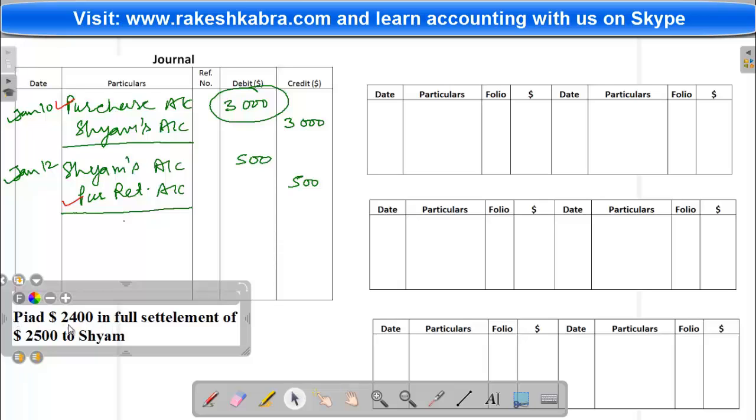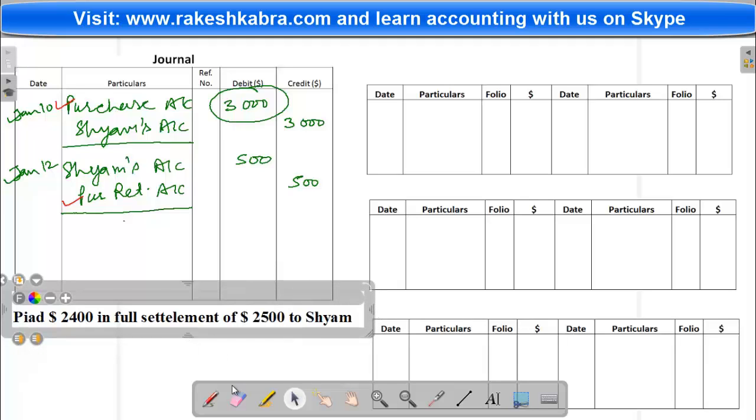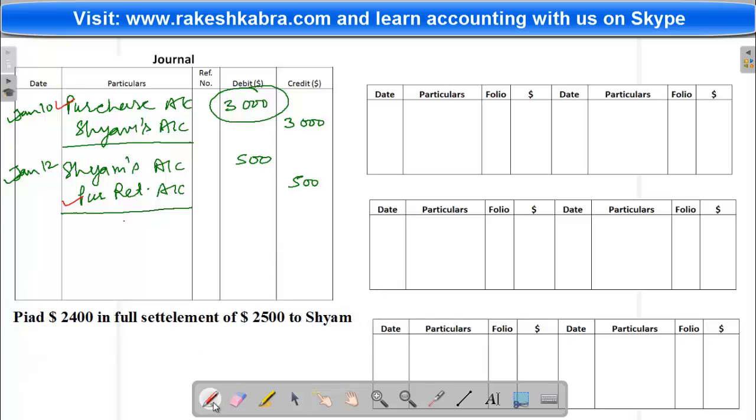This is our next transaction. Getting my point? Yeah. So this is the third transaction actually. So you please read out this third transaction. Which is our third transaction? Please read out. Paid $2,400 in full settlement of $2,500 to Shyam.